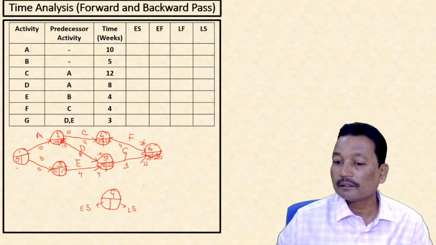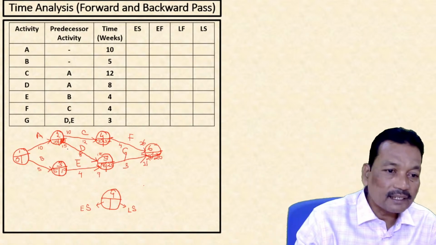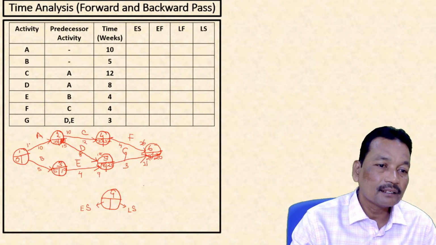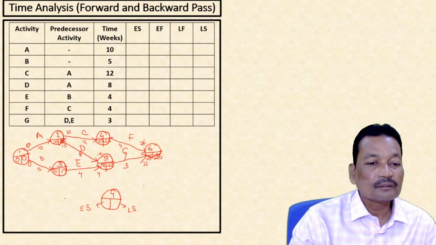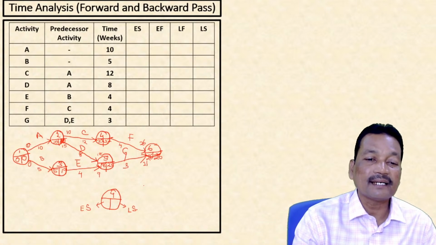Again we are having two events coming back to the starting event. 10 minus 10, that is 0. Wait here please, 0. 5 minus 5, 0. Minimum of these two is 0. So now for each of the events, I am having earliest starting time and latest starting time.